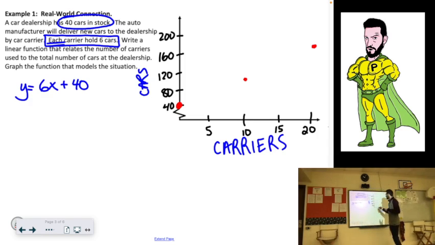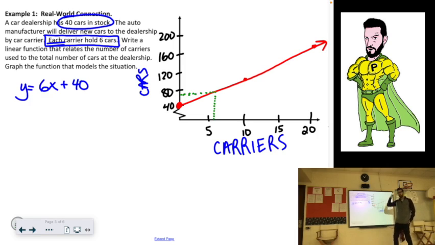But because I scaled this not by ones but by fives, I'm just going to go ahead and make it a continuous linear graph. And yeah, again, we're not going to have fractions of carriers show up. But these are nice because you could be like, oh, well, about how many cars would we have if we had 6 carriers? And you can kind of trace it up and then back.